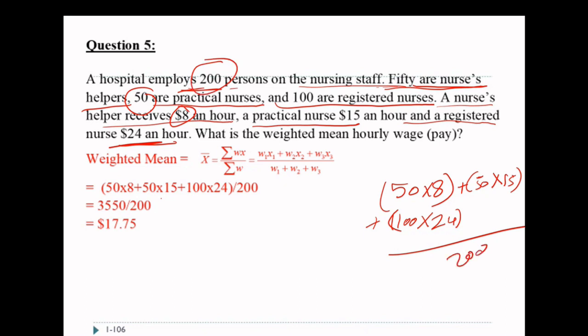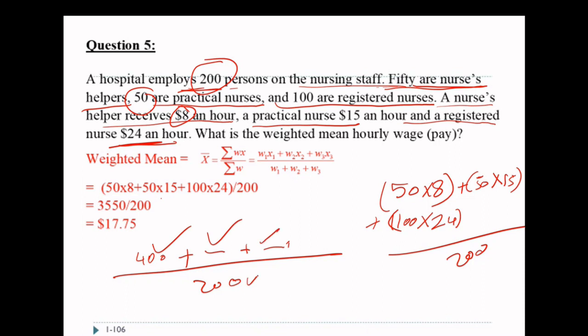Of course, to calculate, you multiply 50 times 8, which is 400, plus 50 times 15, and divide by 200. Then we add these together and divide by 200 to get 17.75. This is the weighted mean.